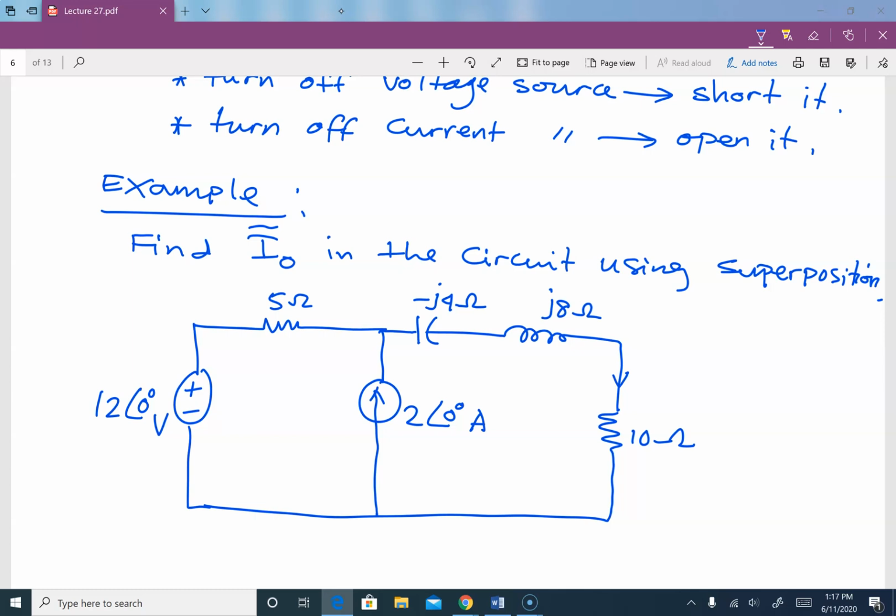And the current that we need to find is the current flowing in this 10 ohm resistor, I naught.